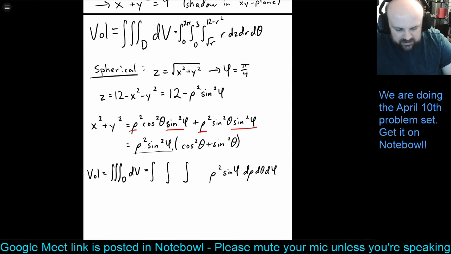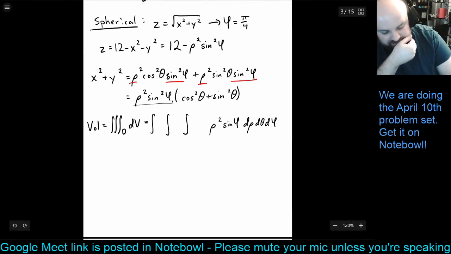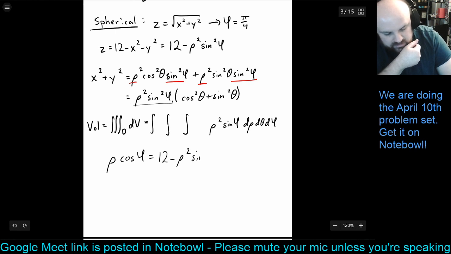We might not actually want to try this in spherical, because this paraboloid equation is rho cosine phi equals 12 minus rho squared sine squared phi.